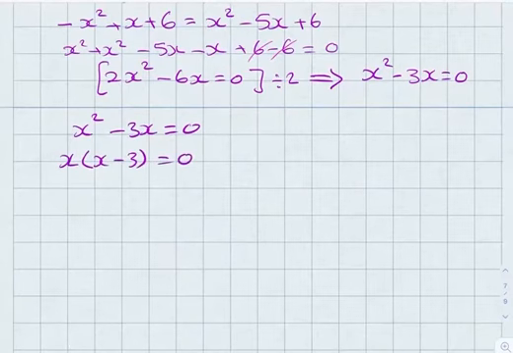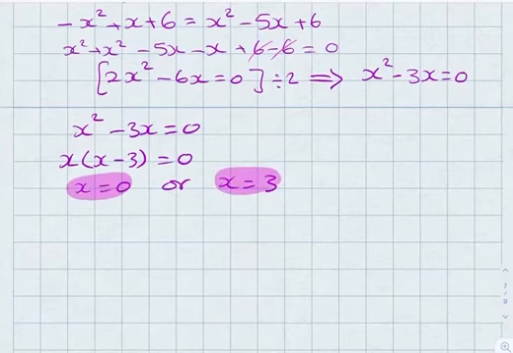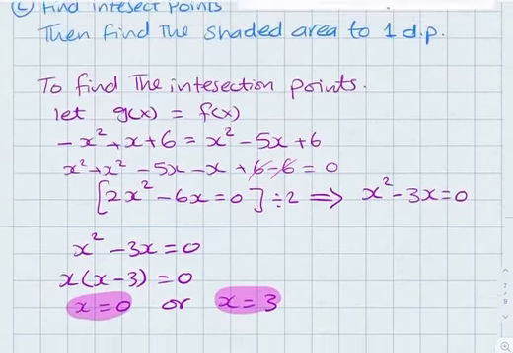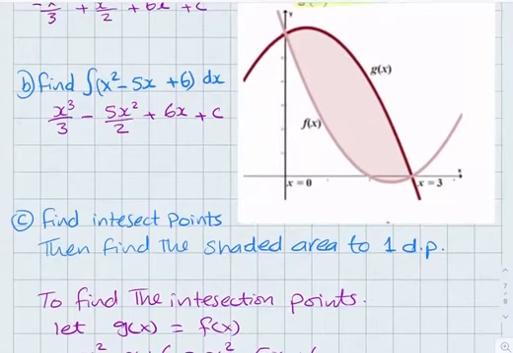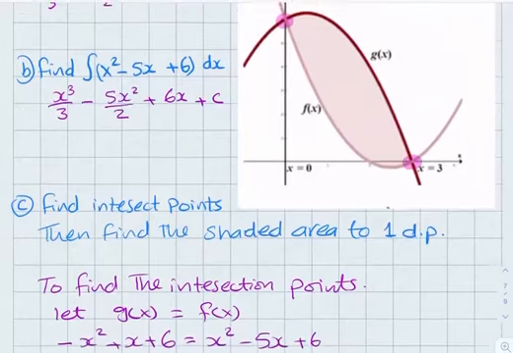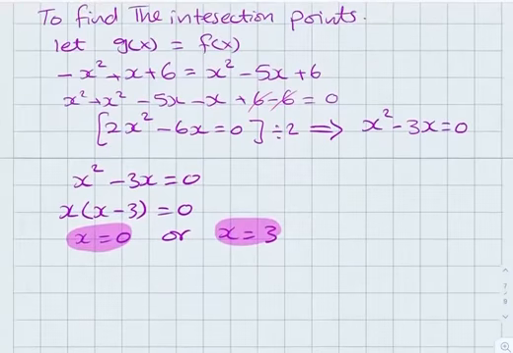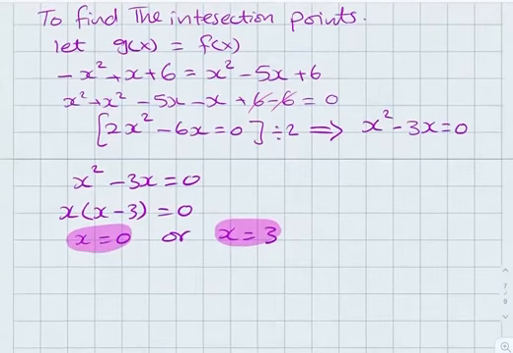So either x equals 0 or x equals 3, which are the two roots, the intersection points, one here and one here. This is the 0, and the other one is 3. So that is how to find the intersection points of two curves.